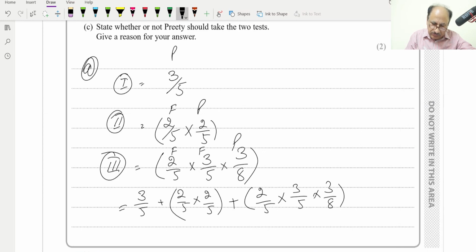So this is 17 over 20. This will be the probability to pass.